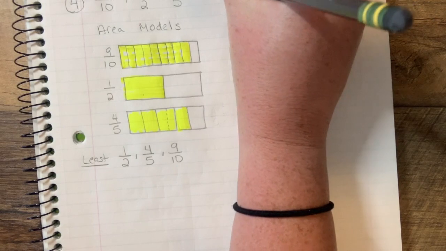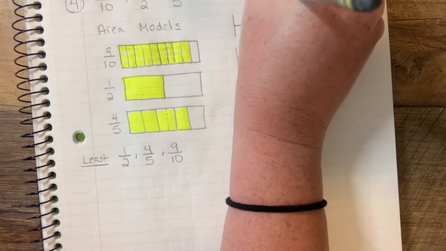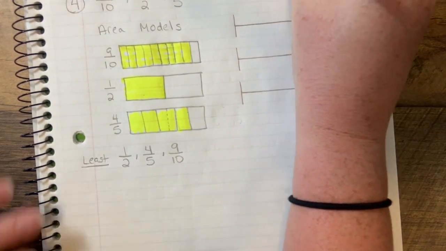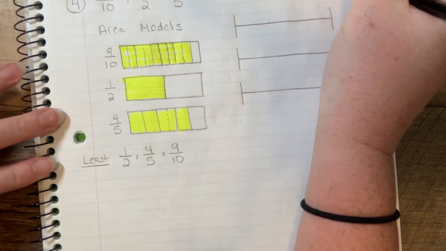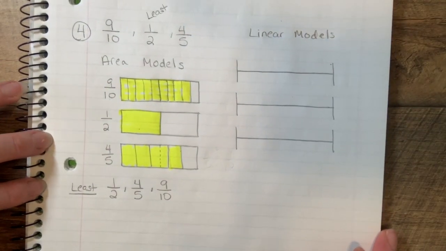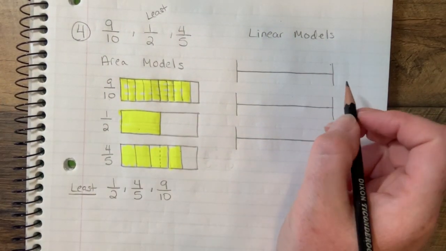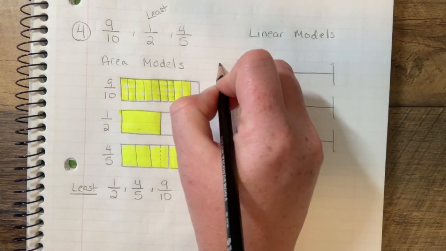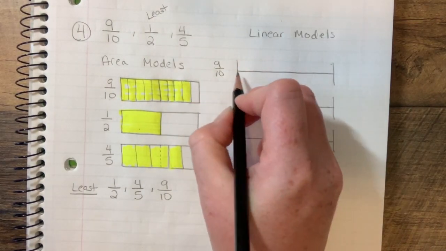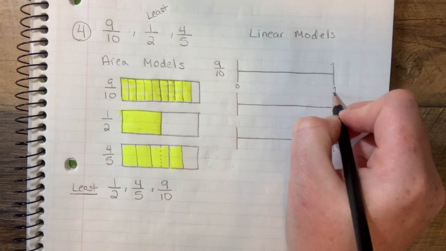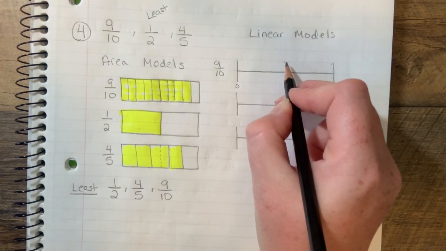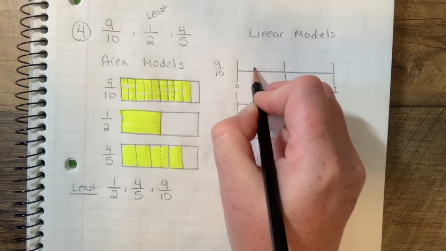All right, so you can do this with linear models. Linear models. And again, we're going to have 9/10 over here. This is 0, this is 1, and we need to split it into tenths.